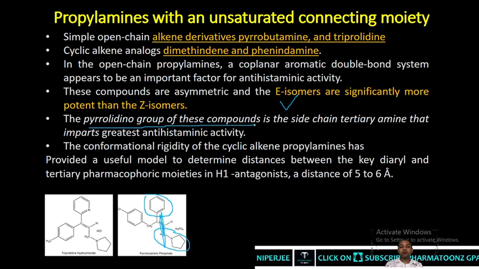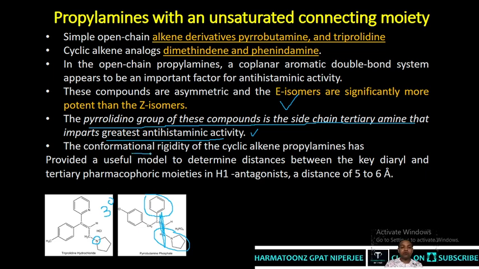The pyrrolidino group of these compounds is a side chain tertiary amine that imparts the greatest antihistaminic activity. If you look at this nitrogen, which is part of the pyrrolidine ring, it is tertiary in nature, and this tertiary nitrogen in the ring system imparts the greatest antihistaminic activity.